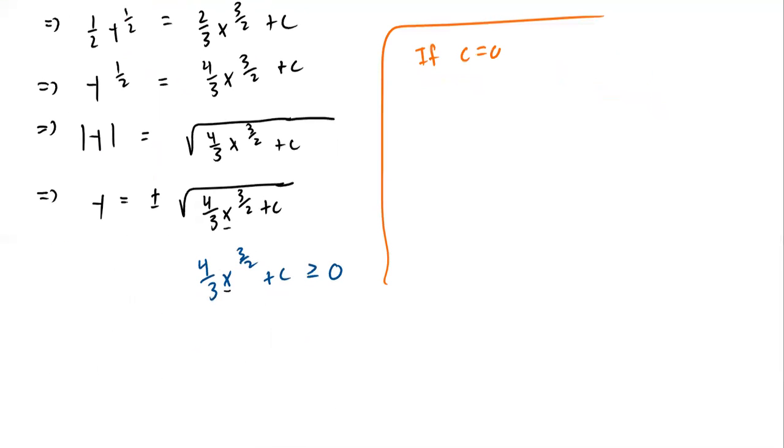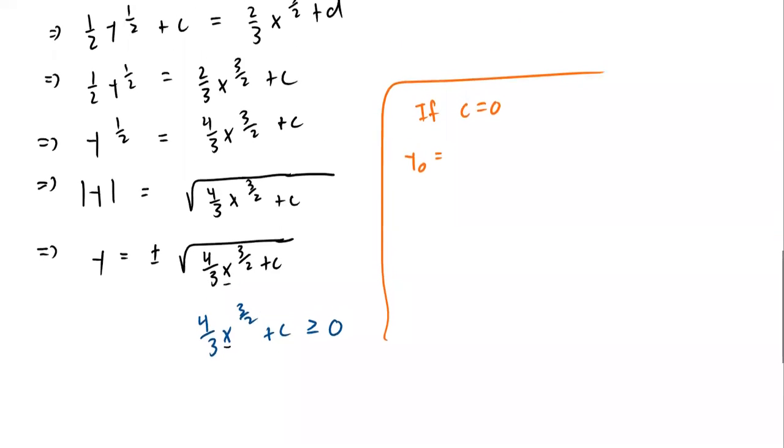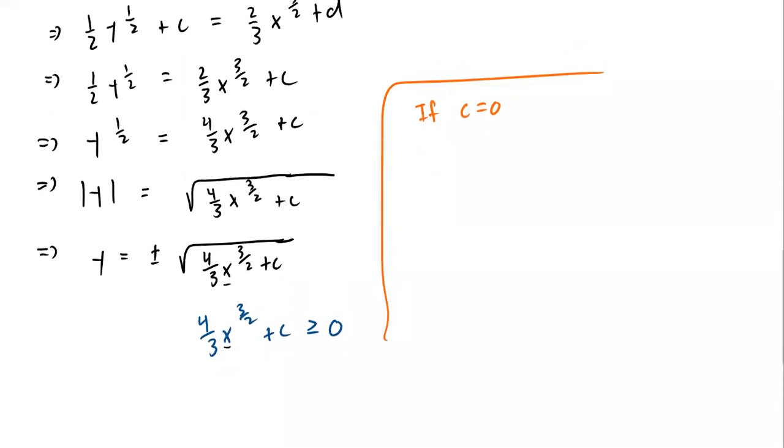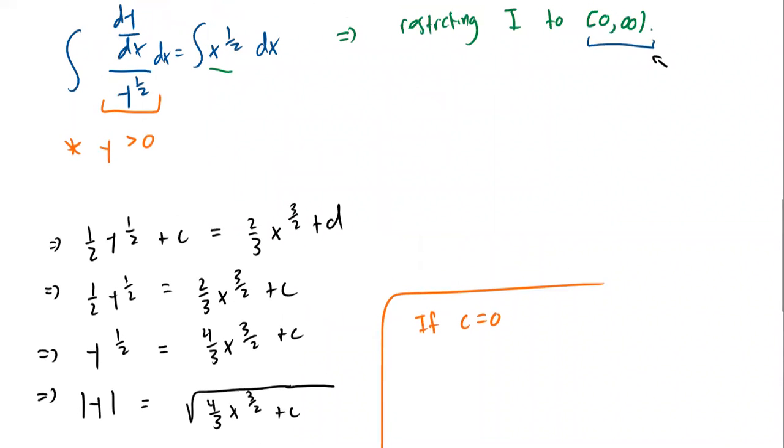If C equals 0, we get the solution y0 equals, and let's take the positive one. And I actually have to talk about that because I have another restriction here. So actually, because I said that you can leave the solutions as plus or minus, before I say this, there is another restriction here. I'm going to get to the asterisk part in a moment.